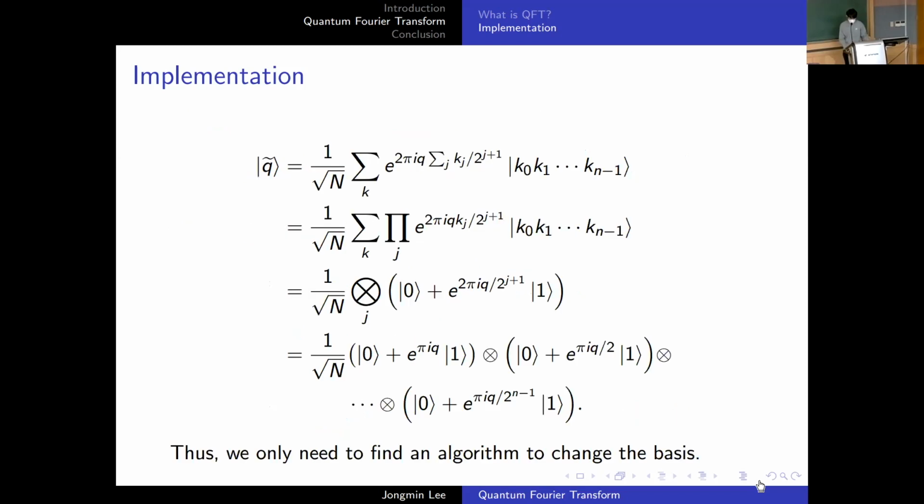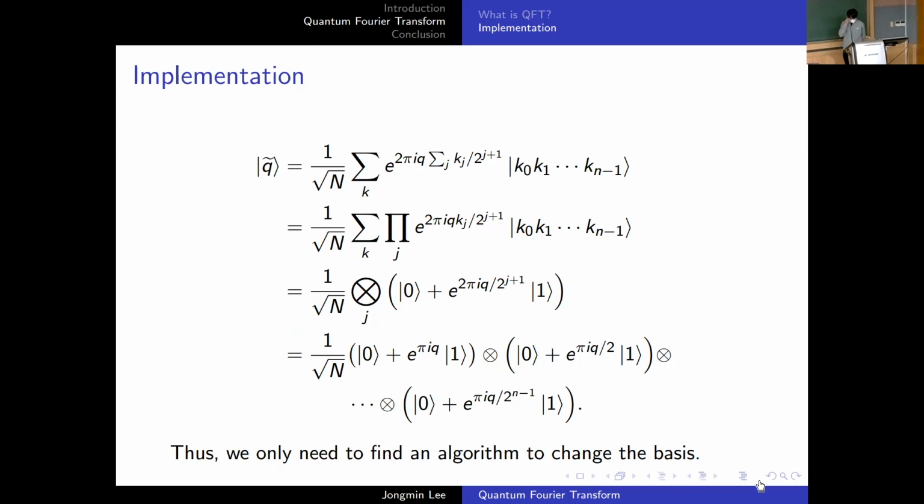The first line is the same as the last equation on the last slide, and we can expand k in the exponential term into a product of exponentials of each k term, and we can factor it out as a tensor product form.